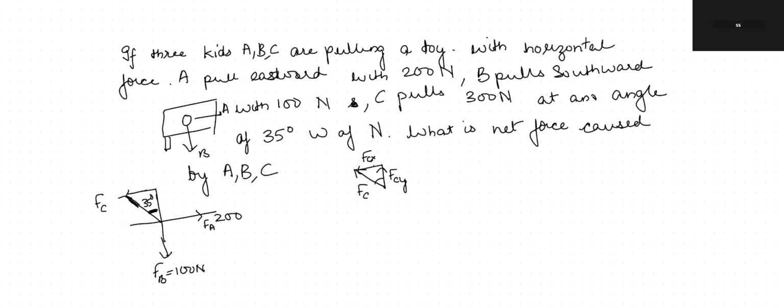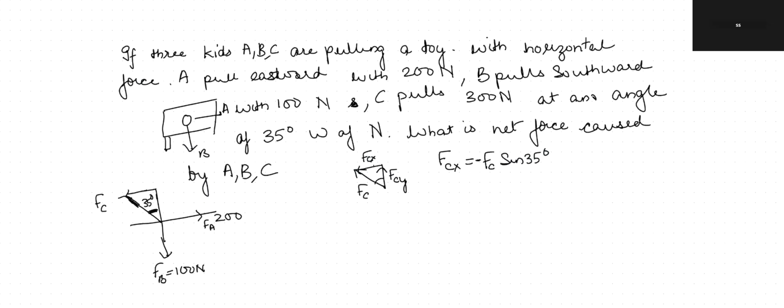So FCX is FC sine 35 degree. Okay. And it is towards left or west, so it will be negative.